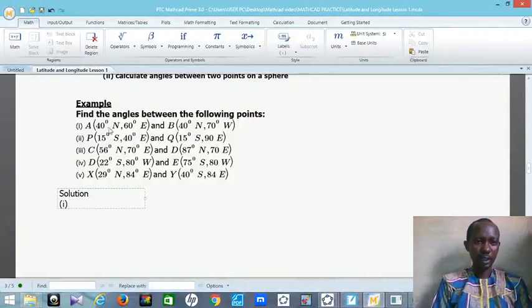Solution for the first one: since 40 is common between them, all you need to do is add the two angles.